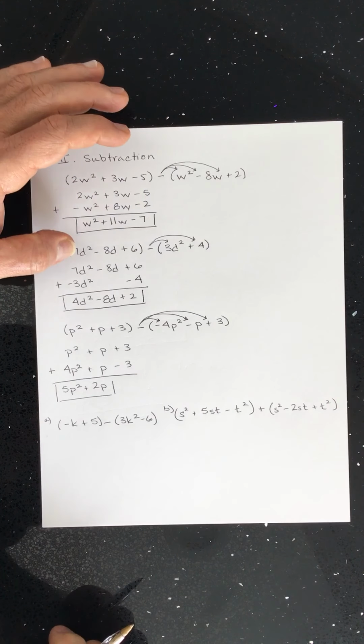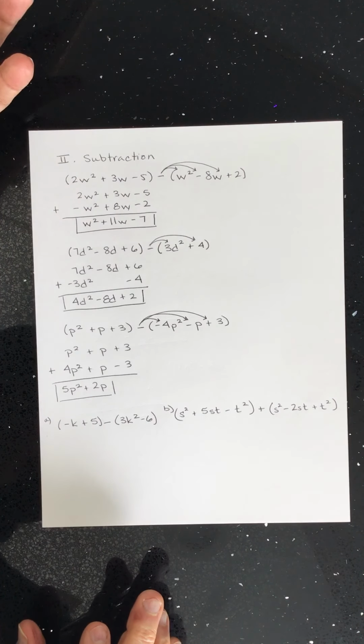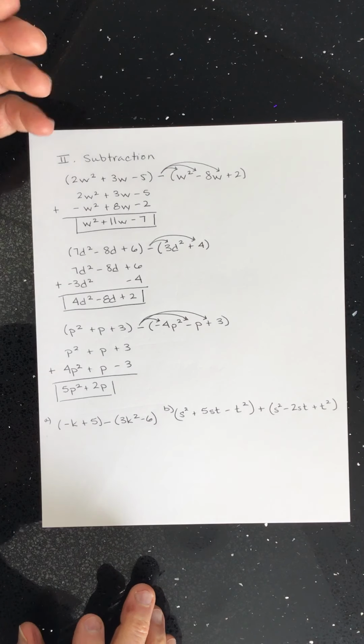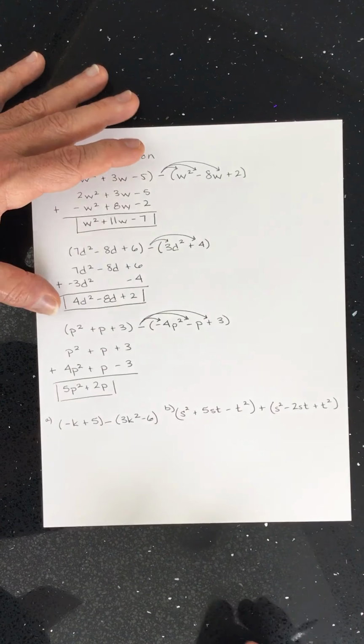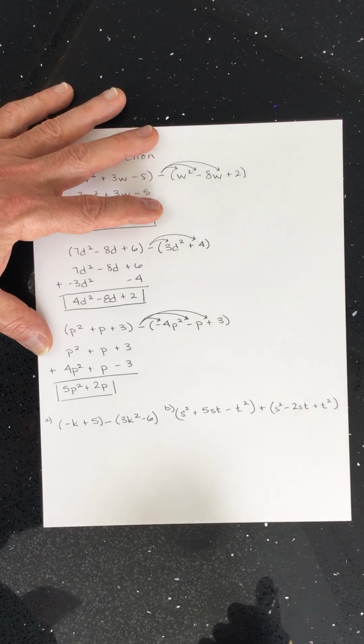All right, so again, why don't you go ahead and put this on pause, try to do both examples, and when you're ready, play the video and you'll see how your work compares to mine.